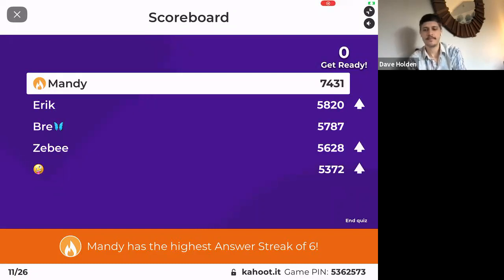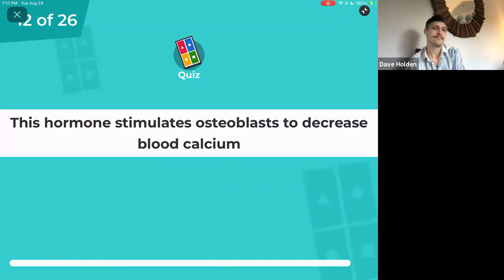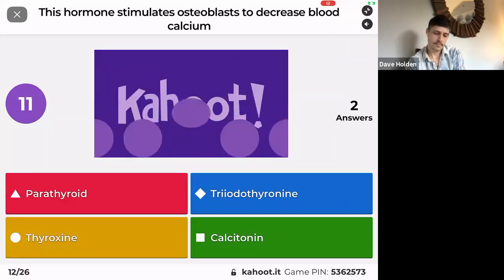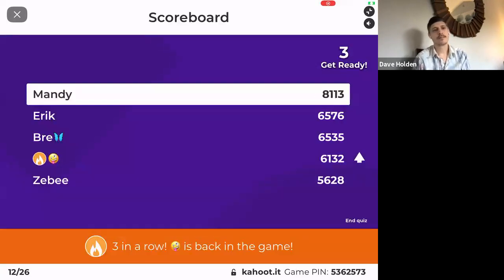That is what it does. That's why people without a gallbladder got to have a low fat diet. Calcitonin calcifies the bones. Calcitonin calcifies.